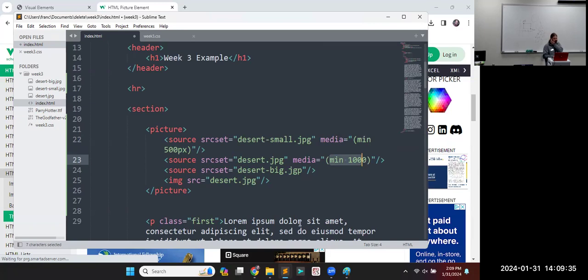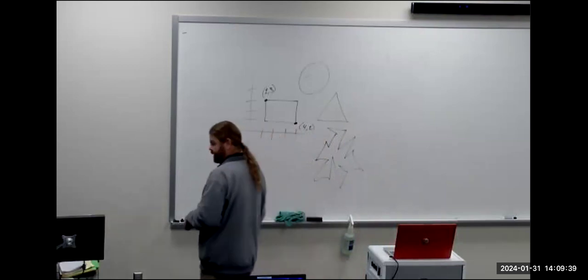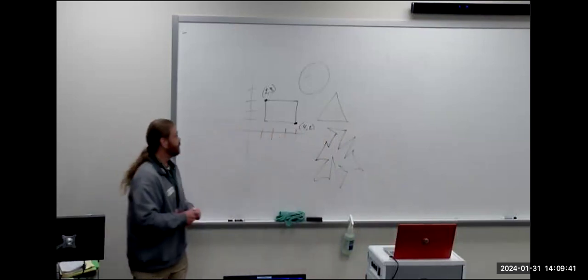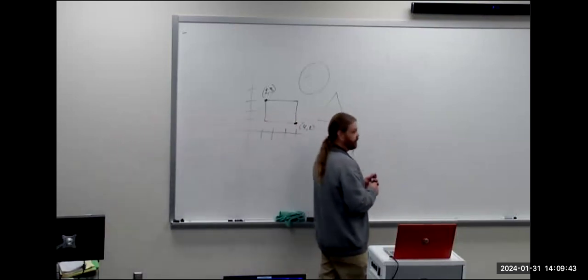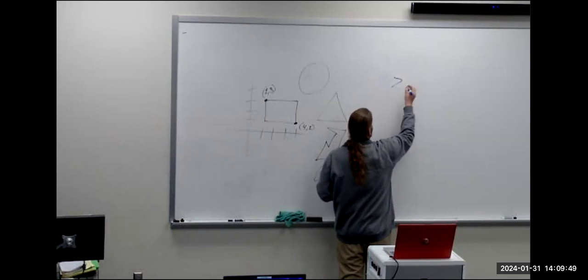Think of it as greater than or less than, our screen size. It looks at the picture group as one thing. Once it finds one of those it can use, it stops and doesn't go to the next.